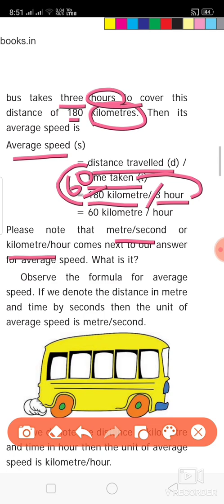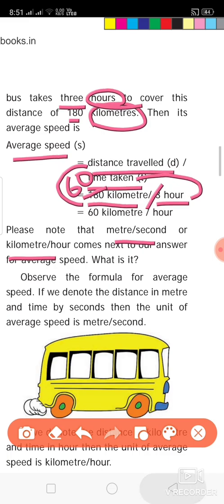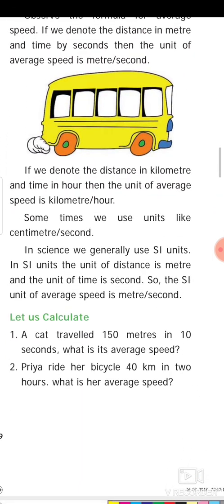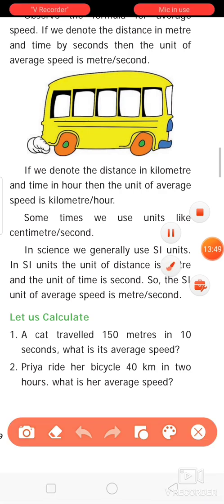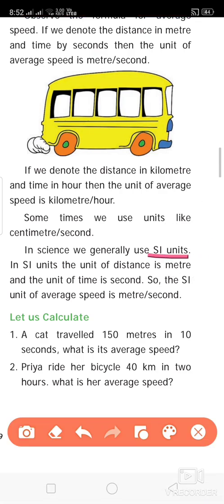You may follow meter per second or kilometer per hour, but in science we usually follow the SI system. The SI unit for speed is meter per second.